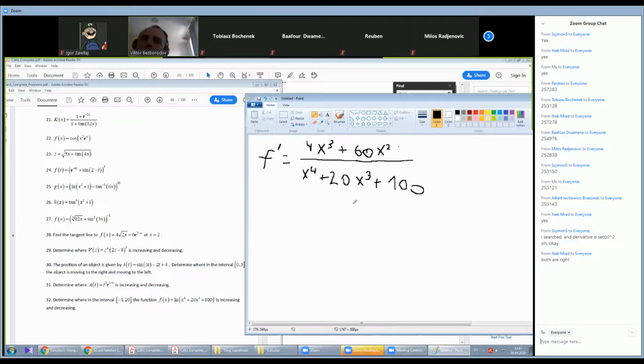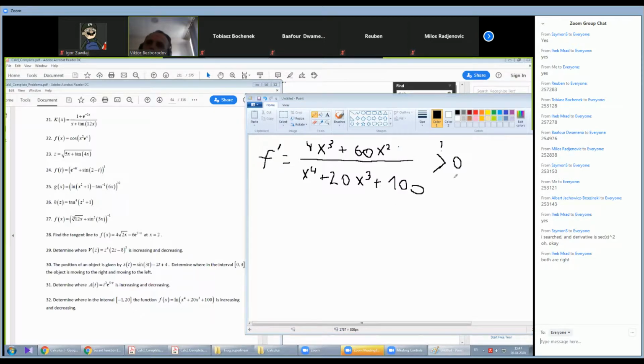Okay. So now this is my derivative, and I want to find when it's greater than 0, and when it's smaller than 0. So when it is greater than 0, we have here a fraction, right?